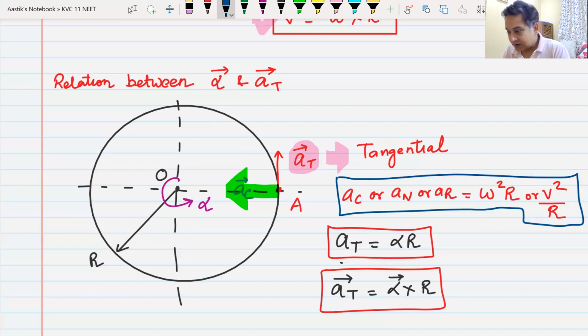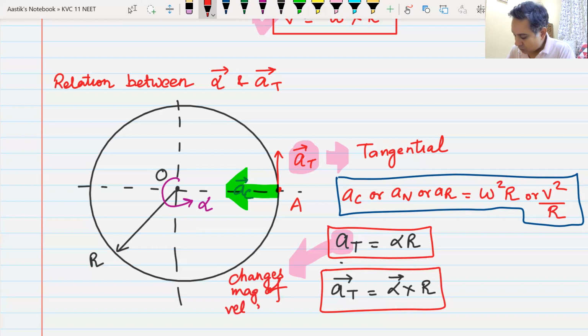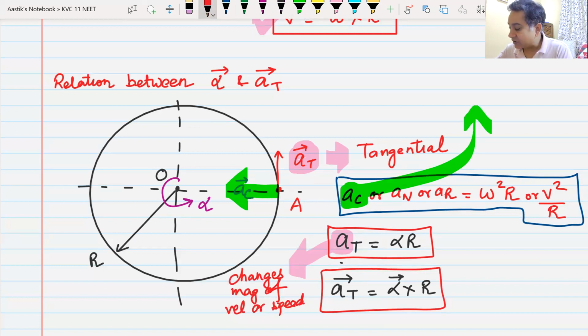You must understand that there are two types of acceleration. I have already told you, but still I am telling you: tangential acceleration changes the magnitude of velocity, or it changes the speed. Centripetal acceleration changes the direction of velocity.